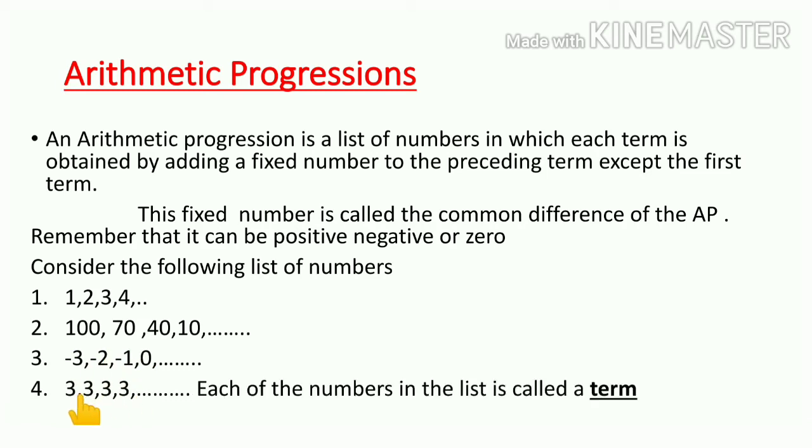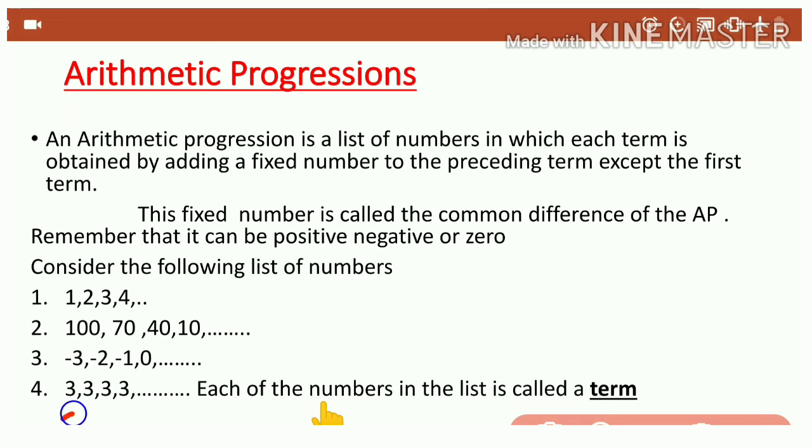Next, just see 3, 3, 3, 3. Now you might be thinking, ma'am, what is this 3, 3, 3, 3? You cannot see anything being added. It is the same number repeating. Refer back to what I said earlier: children, this common difference can be positive, it can be negative, but at the same time it can be 0 also. 3, 3, 3, 3 means what, children?